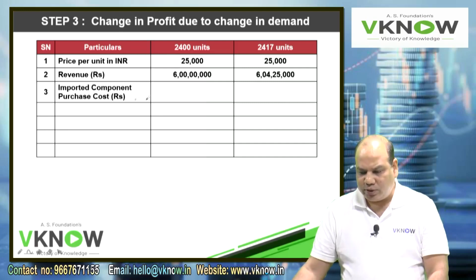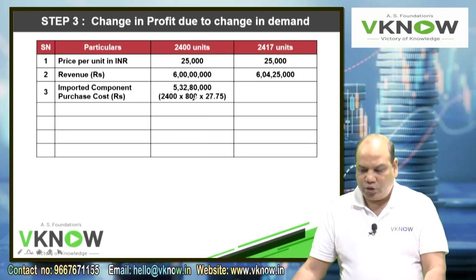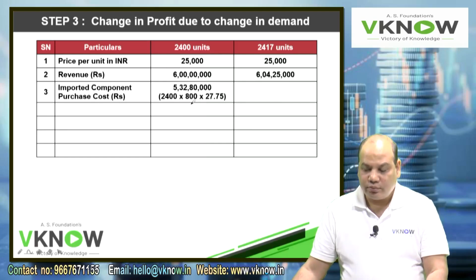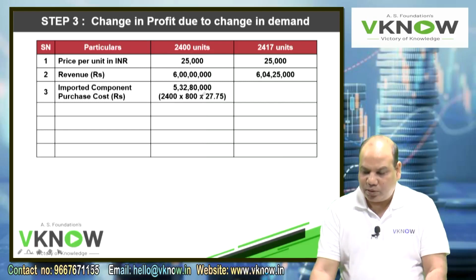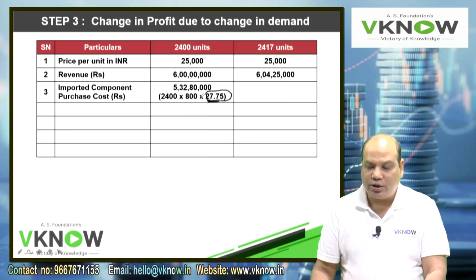This cost will be 2400 units into 800 Singapore dollar per unit, and then we'll multiply by the 6-month rate down the line. Transaction exposure we have already calculated. So now my payment will be at this rate, 27.75. So please multiply and check the answer. Are you getting 5 crore 32 lakh 80,000?